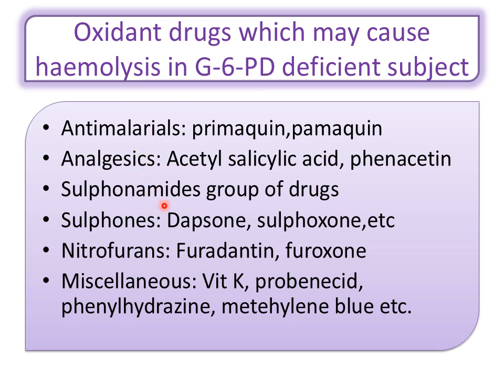In this way all these oxidant drugs like antimalarials, analgesics, sulfonamides, sulfones, nitrofurans, also vitamin K, probenecid, phenylhydrazine, methylene blue, all cause oxidation reactions and produce hydrogen peroxide, which is very harmful to us and causes hemolysis of the RBC.